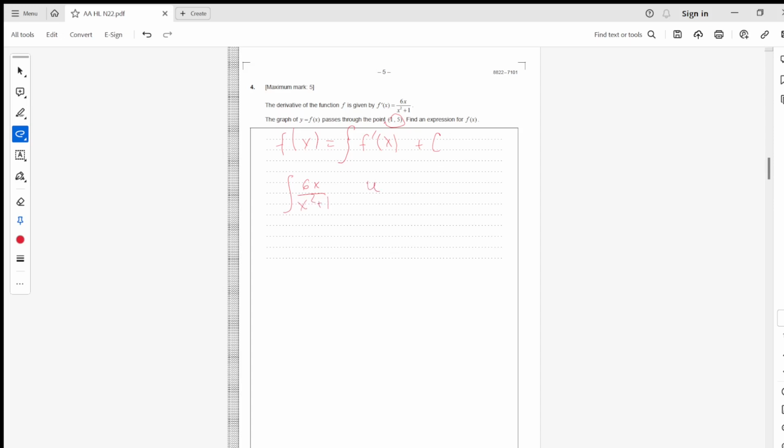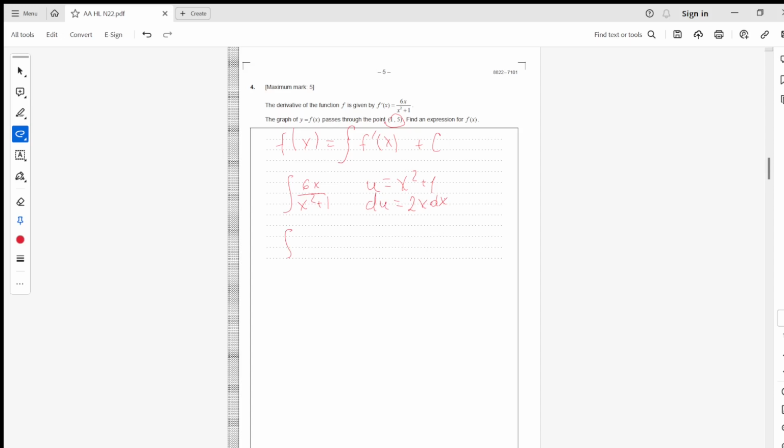We can do this by a simple u substitution. Let u equal x squared plus 1. Then du is 2x dx.